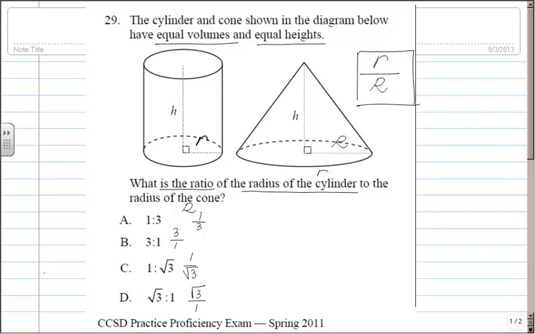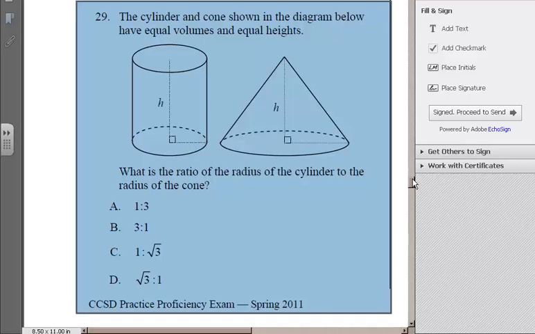Well, first of all, you need to know how to find the volume of both of these geometrical solids, right? Geometrical shapes. And as I have told you so many times, the proficiency exam gives you a page that's filled with formulas. Let's see if I can show it to you here.